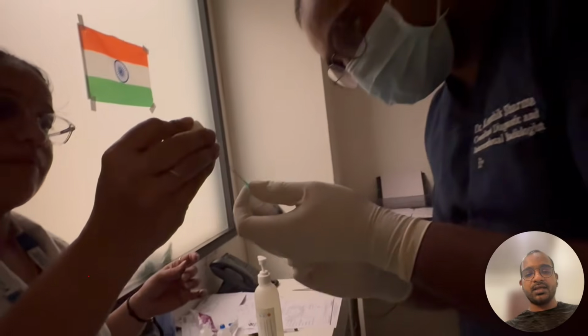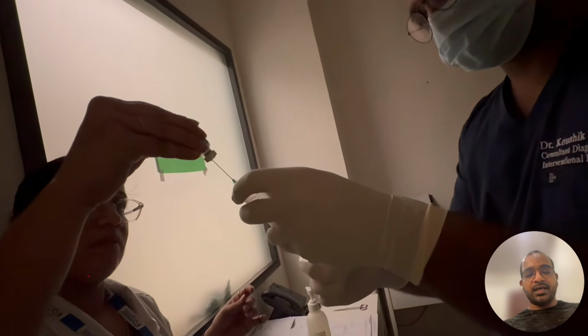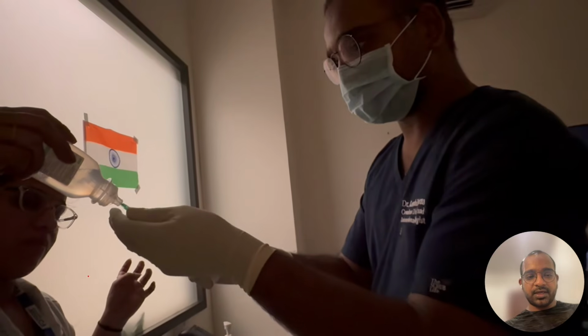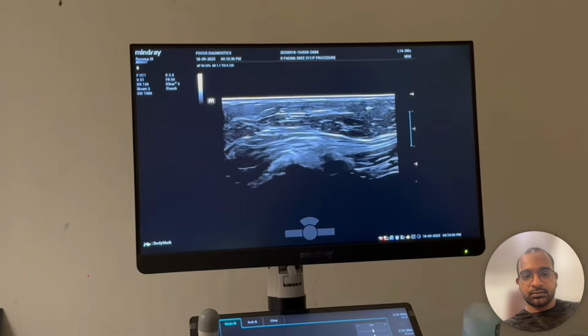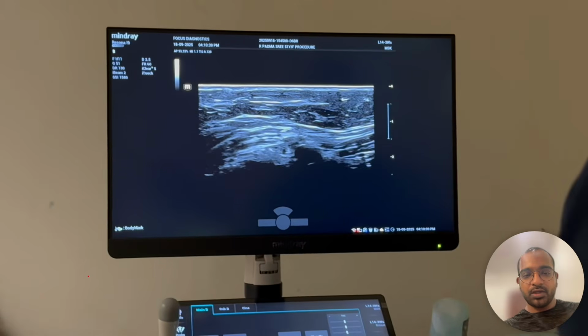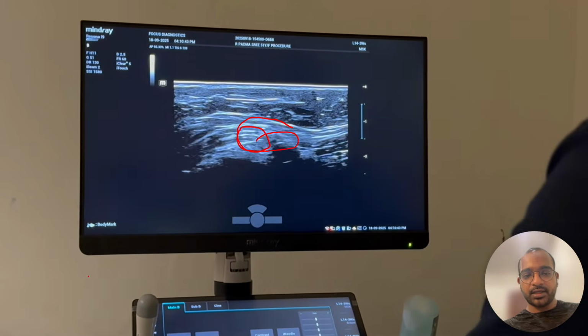Using this, I am going to use the 22 gauge spinal needle. Here you can see this is the 25D which I am taking. This bony prominence is the anterior superior iliac spine, and this is the lateral femoral cutaneous nerve.